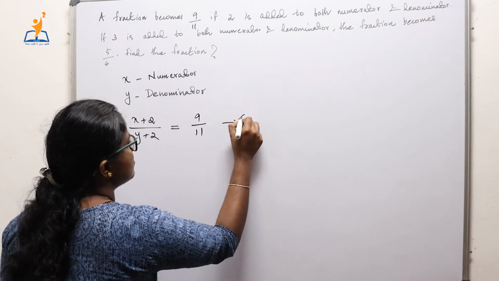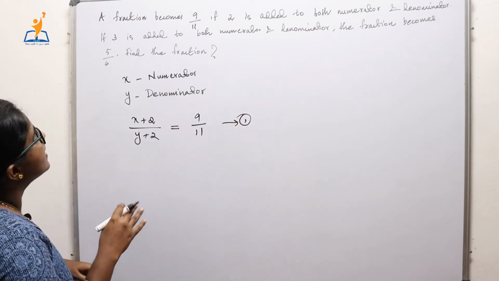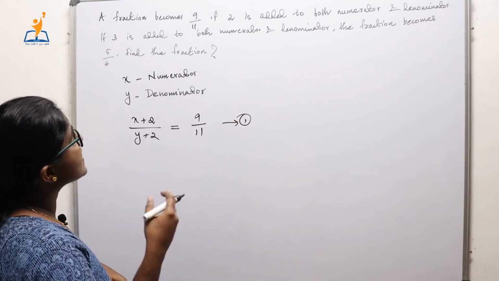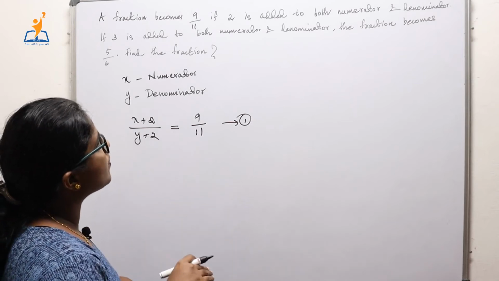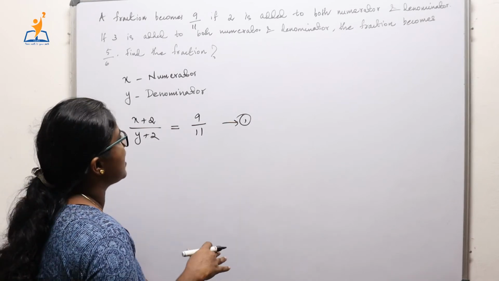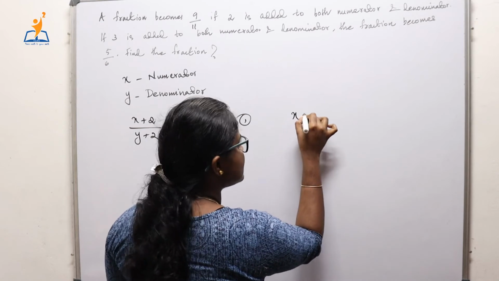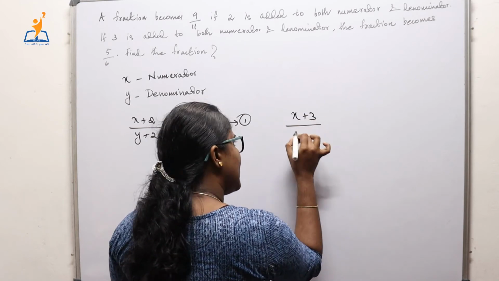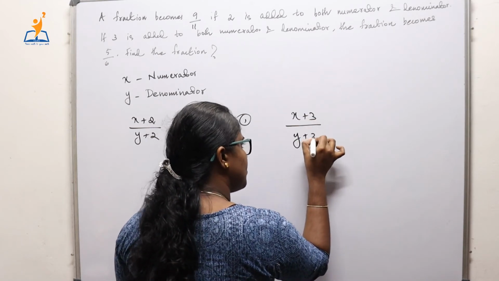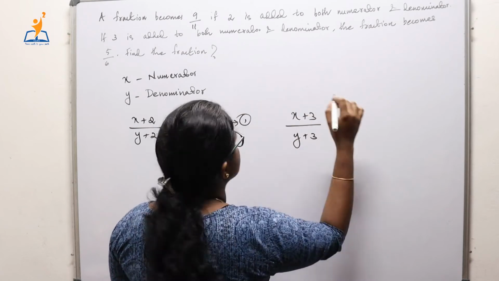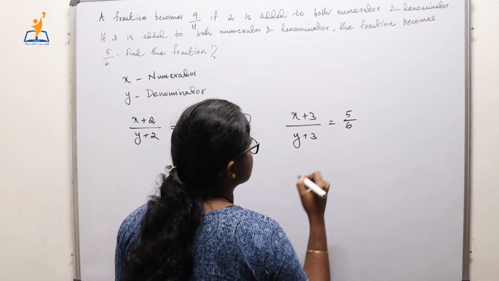So this is our first condition. And again, if 3 is added to both numerator and denominator, the fraction becomes 5 by 6. That is, 3 is added to numerator and 3 is added to denominator, then we will get 5 by 6.